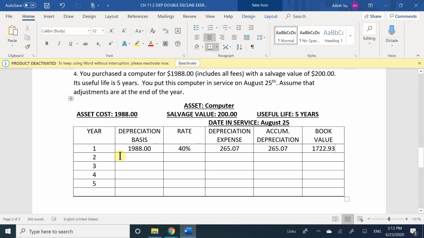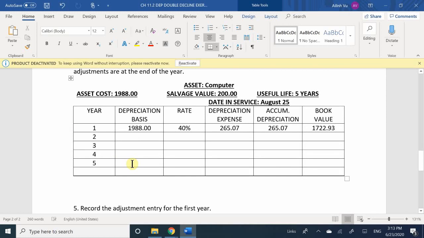So what happened in the second year then? We start with 1722.93 for the depreciation basis. Multiply that by the rate of 0.4, and we get 689.17.